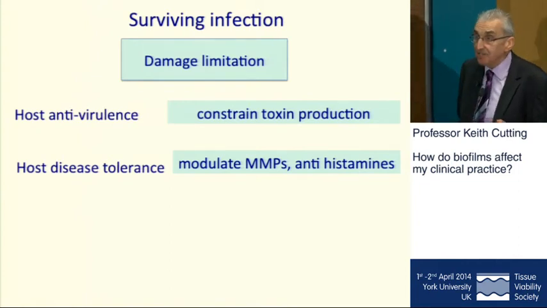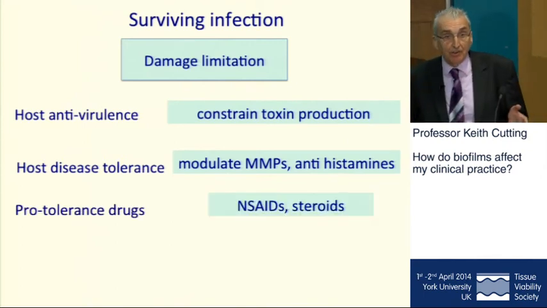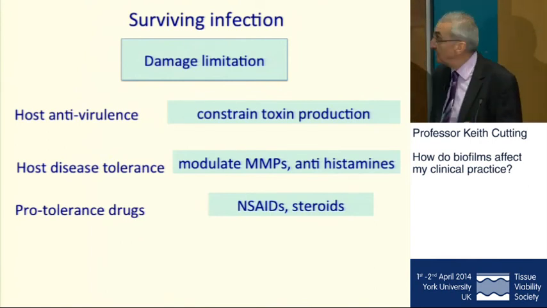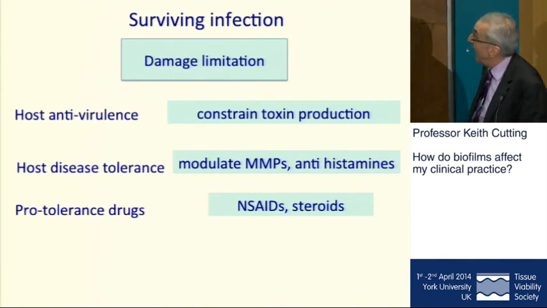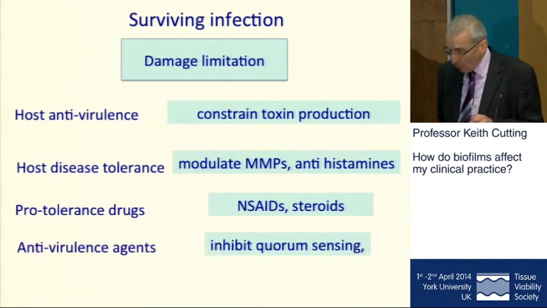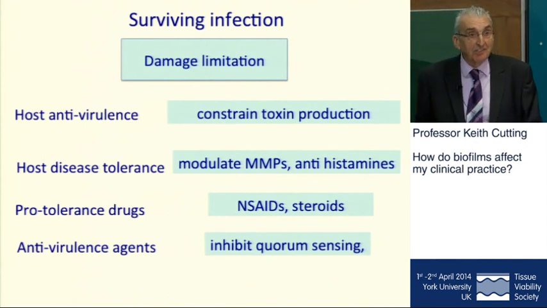So we do have some of these tools. Pro-tolerance drugs: we can use non-steroidals, ibuprofen, for instance, and steroids. And antivirulence agents, and Val has already mentioned quorum sensing inhibitors. In the interest of time, I'll leave it there. Thanks for your attention.